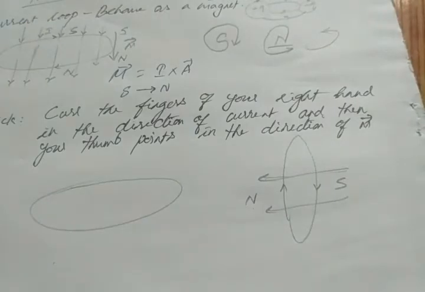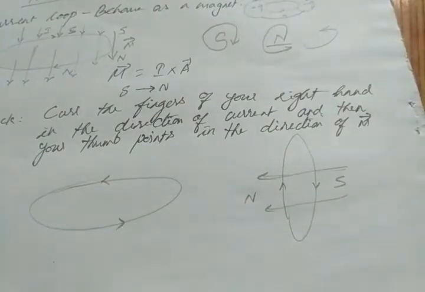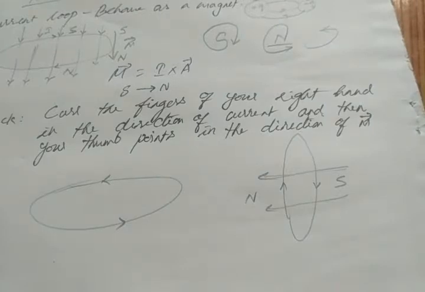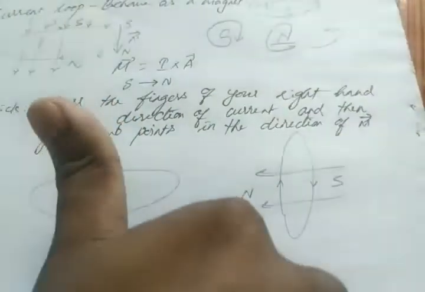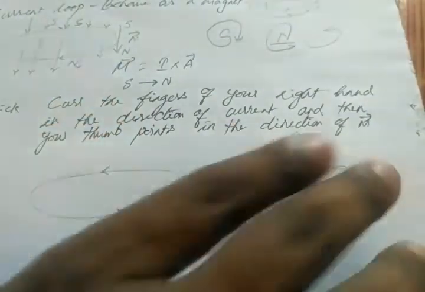Okay, we will see one more example. If I take this as my loop and here my current is flowing in anti-clockwise direction, not clockwise, then what will be the direction of the magnetic dipole moment? Curl my 4 fingers in the direction of current. My thumb shows the direction of the magnetic dipole moment.